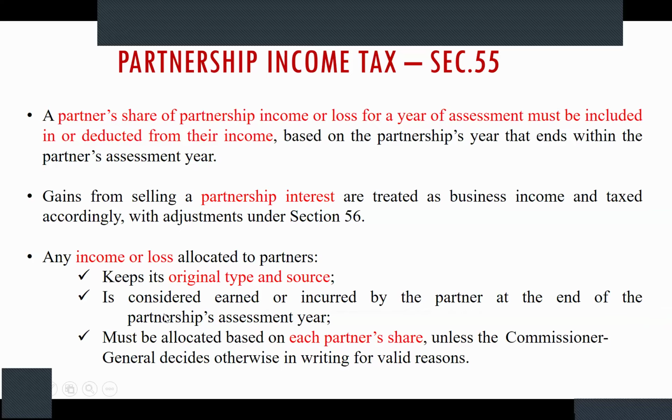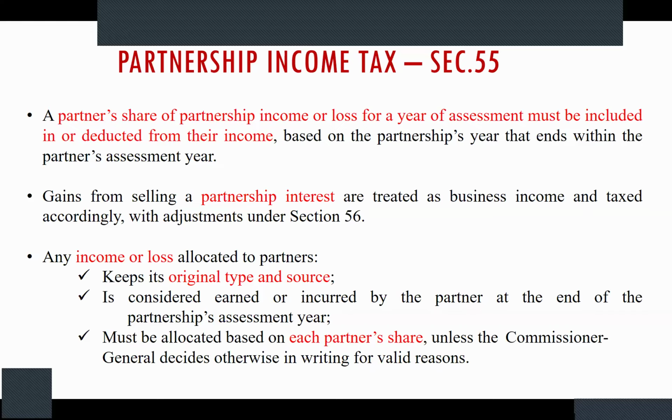It is considered earned or incurred by the partner at the end of the partnership's assessment year. So we have to consider the same year of assessment. If we calculated the partnership's tax liability for the year of assessment 25-26, for the same year of assessment we have to include it under the partner's tax liability.